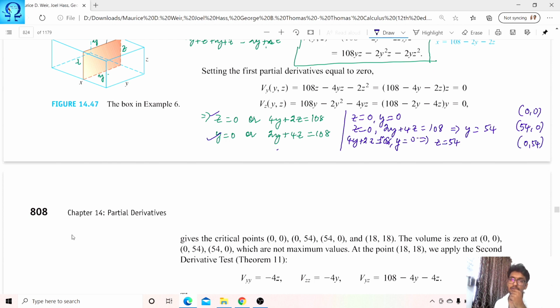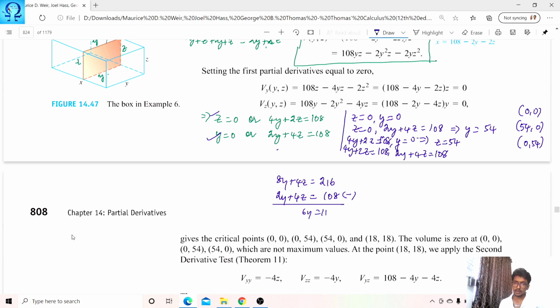And finally, if you consider 4y plus 2z is equal to 108 and 2y plus 4z is equal to 108, let me solve these two. Let me multiply the first equation by 2 and I get 8y plus 4z is equal to 216, and this is 2y plus 4z equals 108, and if I subtract these two I get 6y is equal to 108.